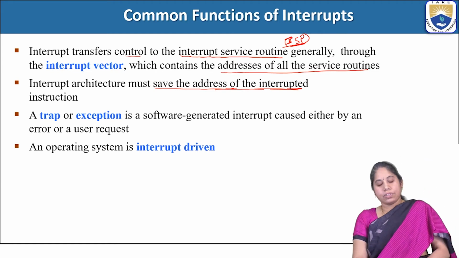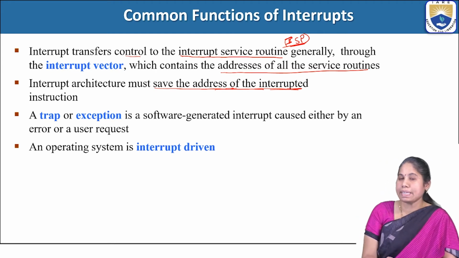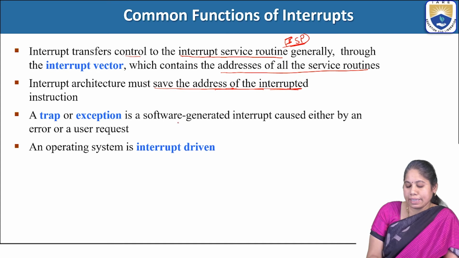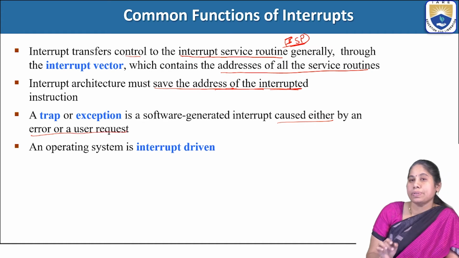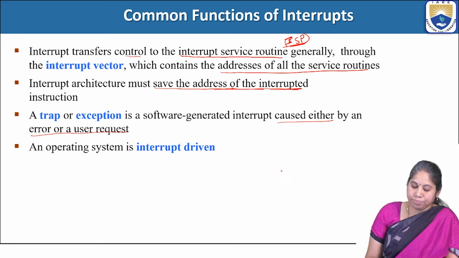A trap or exception is a software generated interrupt caused either by an error or a user request. Suppose while you are doing the work, how are you going to generate an interrupt? The system will generate an interrupt, right? The other way is a trap or an exception.